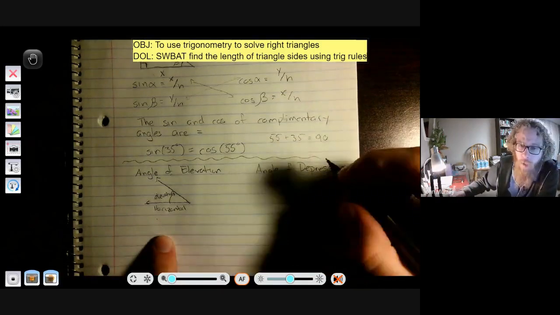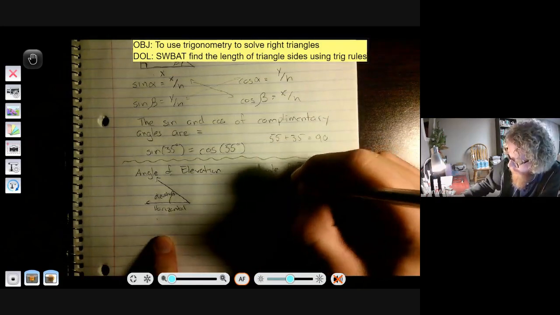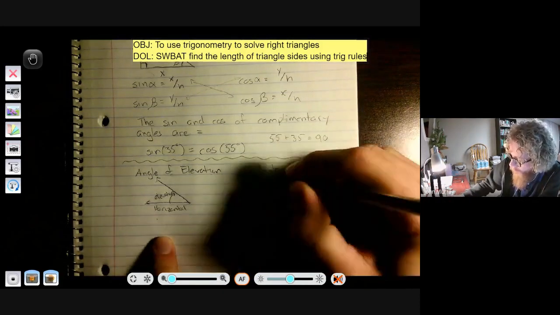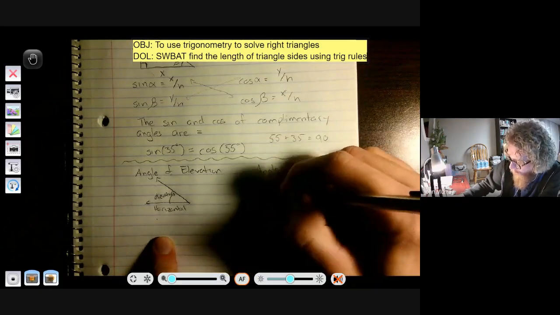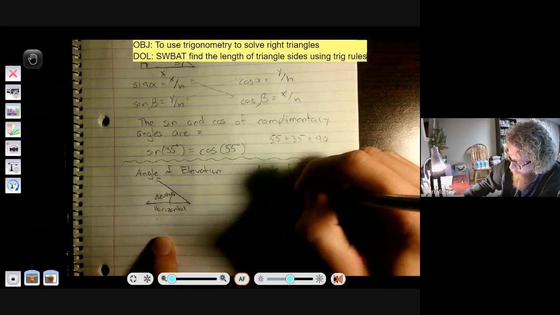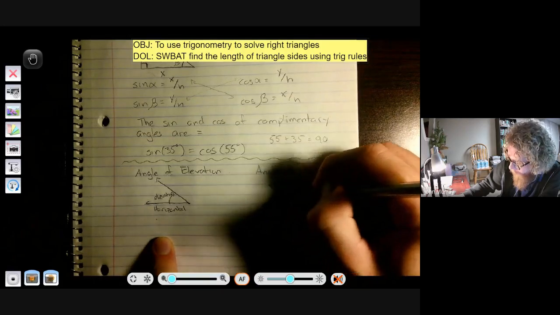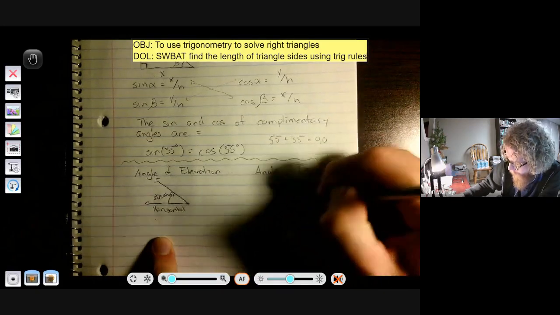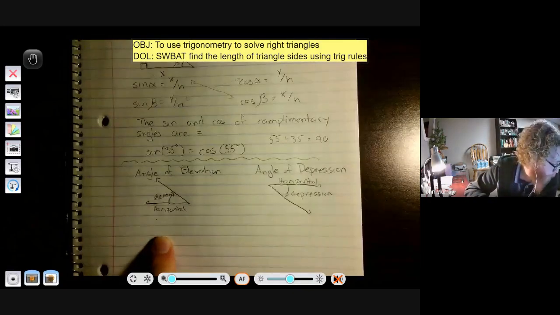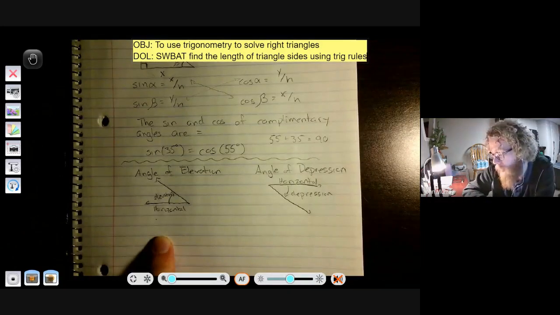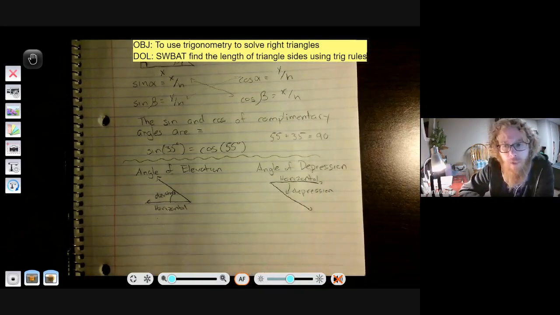Now the angle of depression, we have to be careful. Again, we're doing it from a horizontal line, but now we're looking down. They use that a lot for flight.